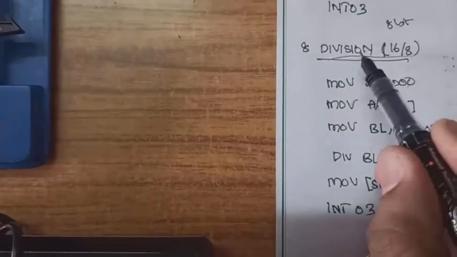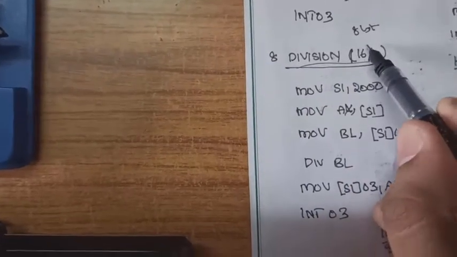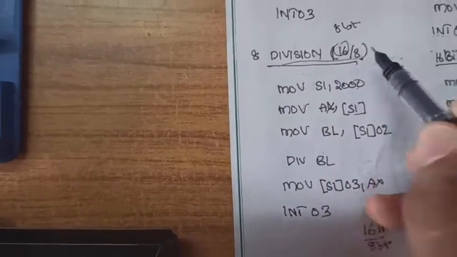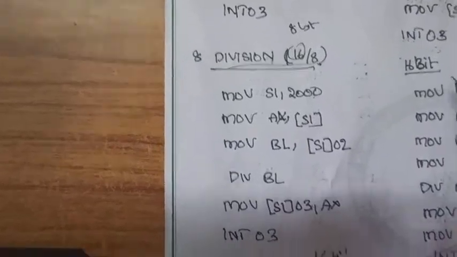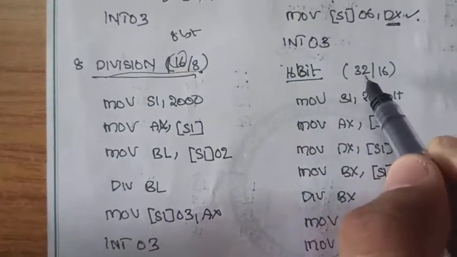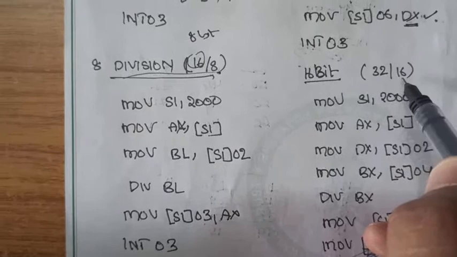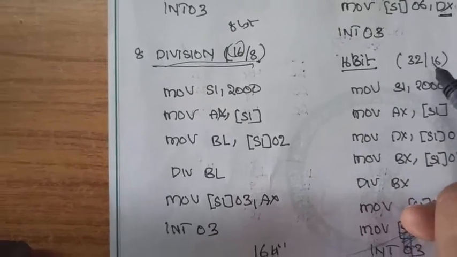When you talk about 16-bit division, you are dividing a 32-bit input with a 16-bit input. That's a single point to be remembered.